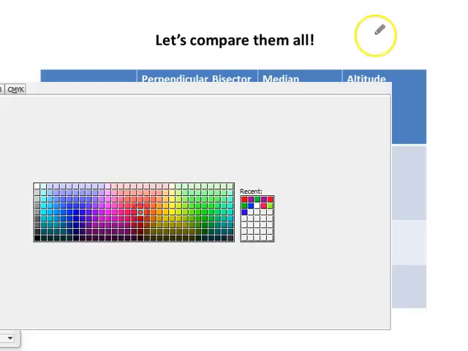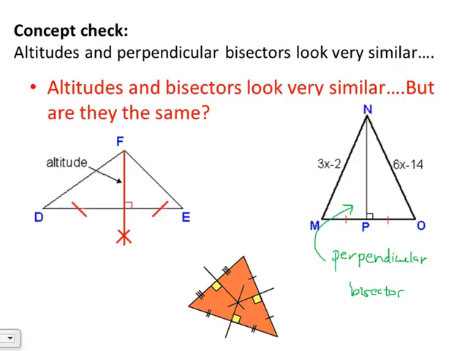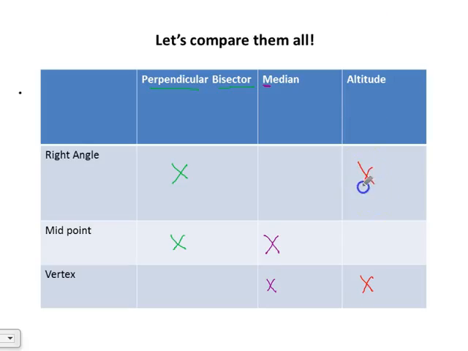An altitude, remember, also starts at a vertex, and then it has to cross at a right angle. So you can see out of all 3, they each have to have 2 out of those 3 conditions. I'm going to go on to the last slide. If you need more time, go ahead and click pause so that you can copy down this chart. That will be very helpful for you.